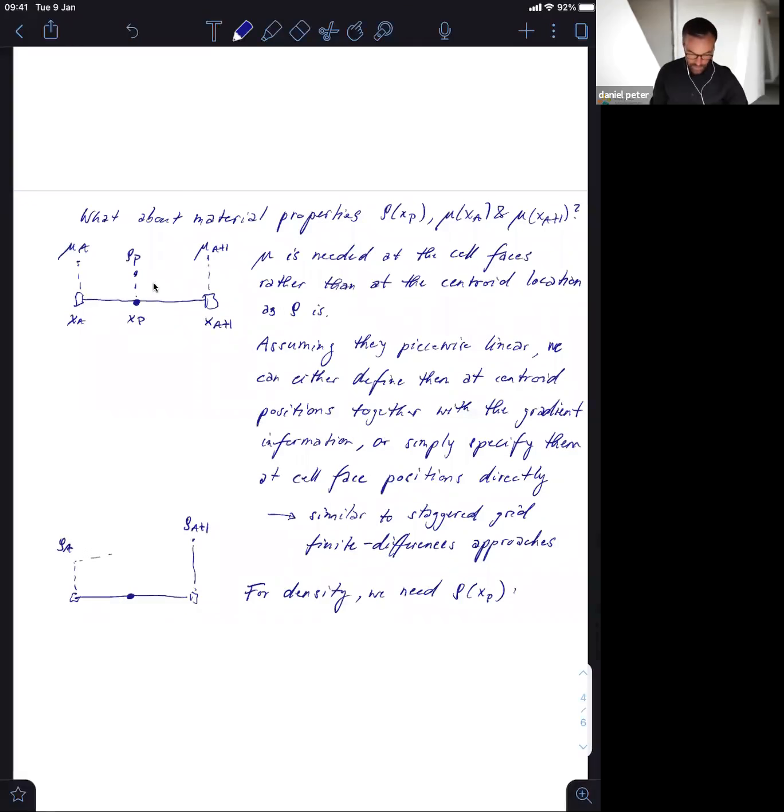Then obviously the centroid value that we want is the average value of rho within that cell. So rho xp should be the average value, which in mathematical terms would be the density integrated over the cell.